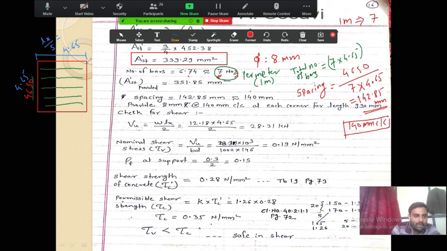Now here it is not 1 meter; it is 4.65 meter in total. So in simple mathematics, for 4.65 meter, I need to multiply 4.65 by 7, and from this value we will get the total number of bars.